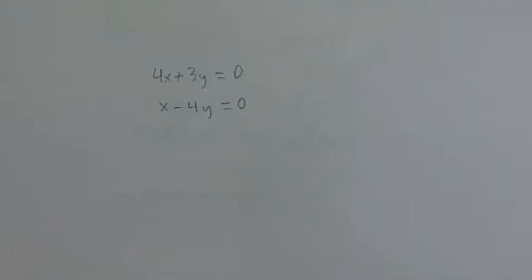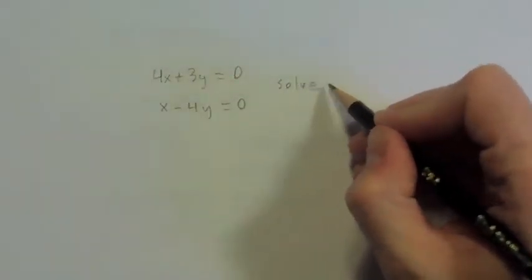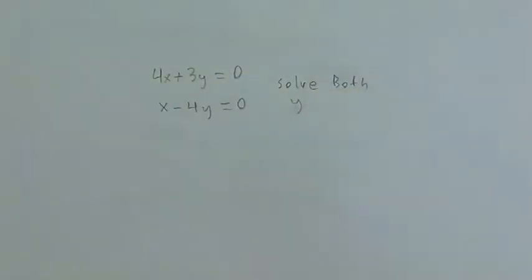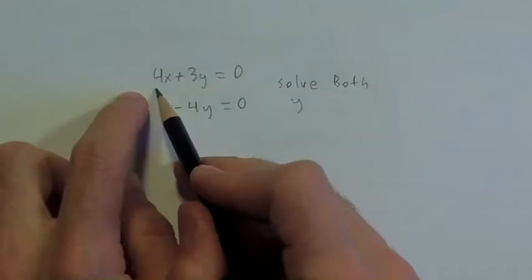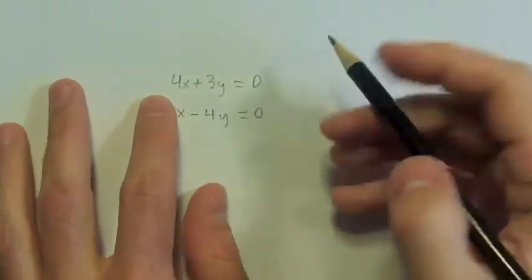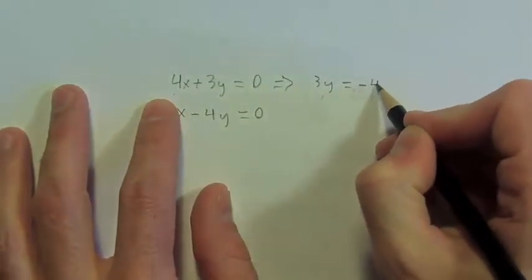This is not usually how we do this, but I just want to show what's going on. So we're going to solve both for y. In both cases, I'll move the x's over. In this case, I'll get that 3y is equal to negative 4x.